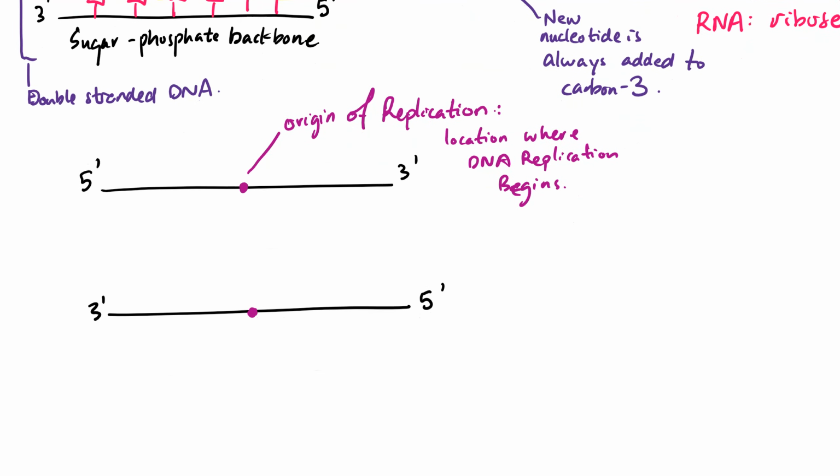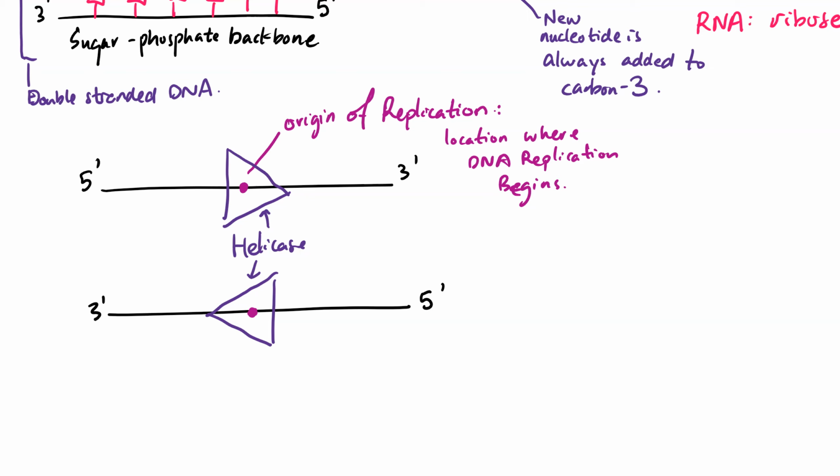Okay. At this time, the double-stranded DNA is still held tightly by the hydrogen bonds. A specific protein called helicase is going to bind at the origin of replication. Right? So one helicase at the top, one helicase at the bottom.